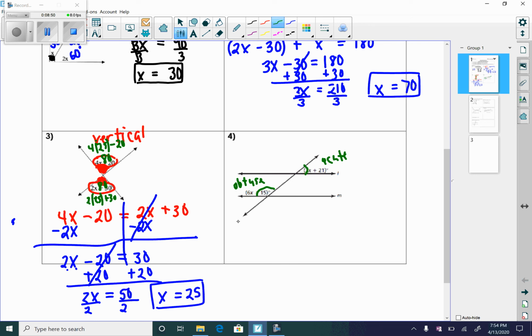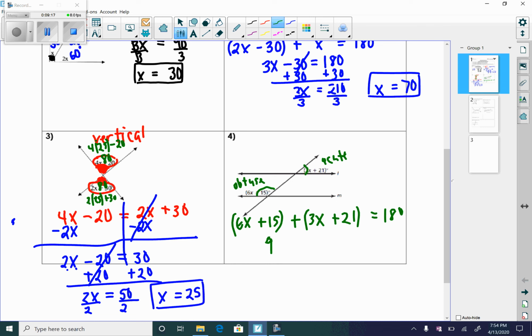So we know the equation here is going to be 6x plus 15, again, optional parentheses, plus 3x plus 21 equals 180. And you can flip them. You could have said 3x plus 21 plus 6x plus 15. It doesn't really matter.